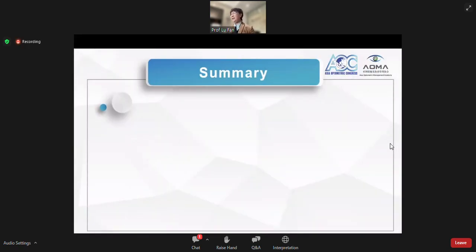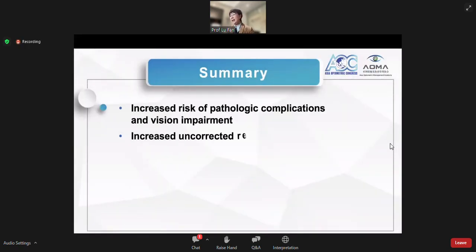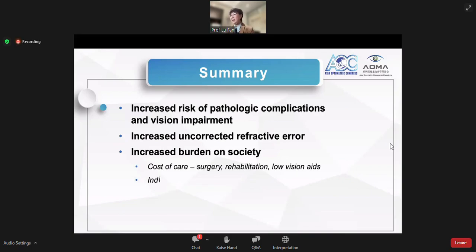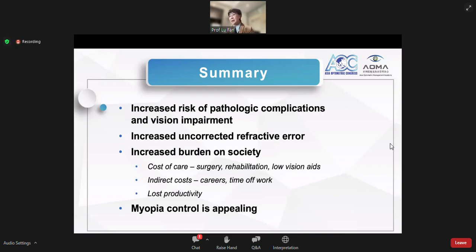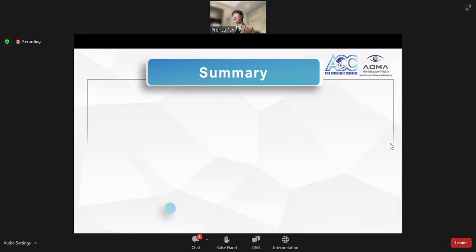And myopia increases risks of pathological complications and vision impairment, and increased uncorrected refractive error lowers the life quality of people and increases the burden on society and communities. Myopia control is very necessary and appealing. We as professionals in this area should take this as a responsibility and opportunity as well to make some contribution for it.